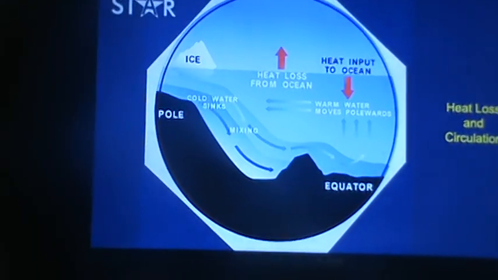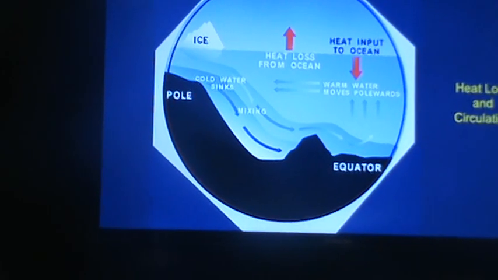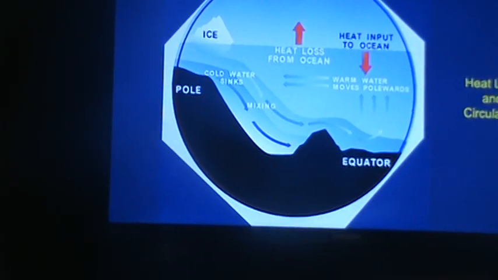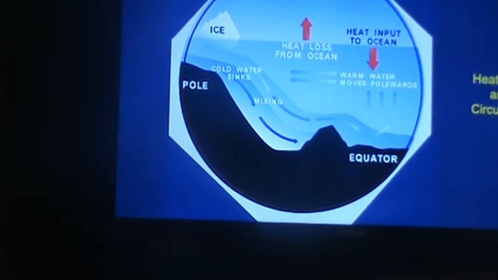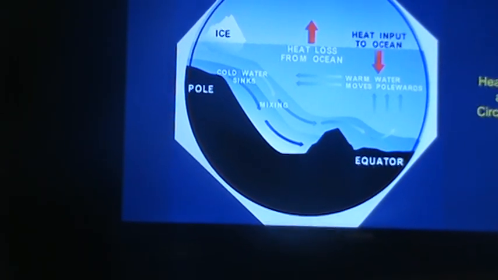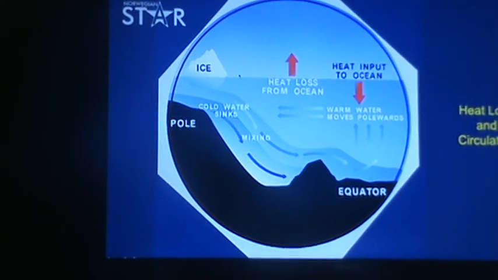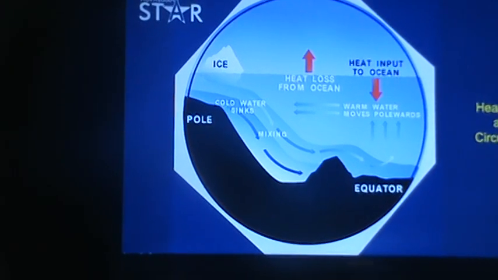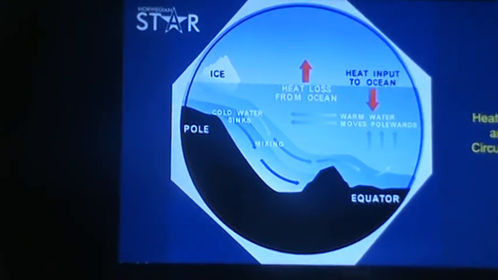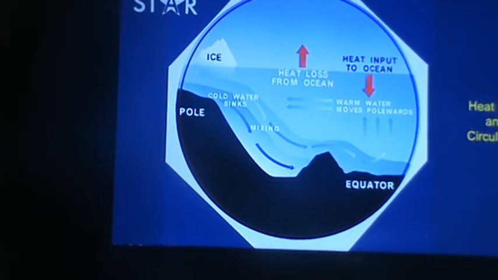Now, the other thing that's happening, of course, is that the further north you are, the more solar radiation is coming in and heating the ocean, and as it proceeds south, it loses much of that heat. And when we get down to the polar regions, either in the north or south, we have much colder waters than we do at the tropics, where the heat input is greatest into the oceanic waters.